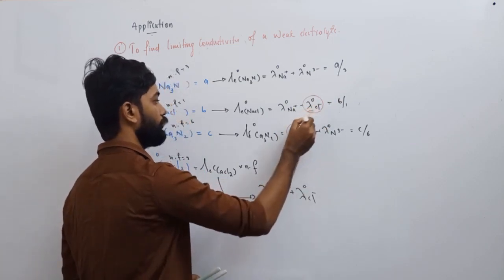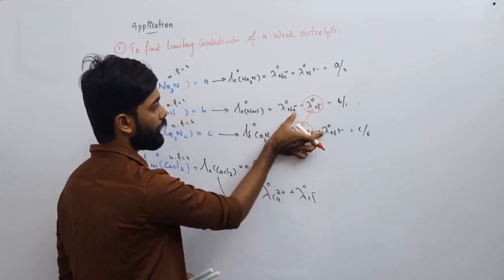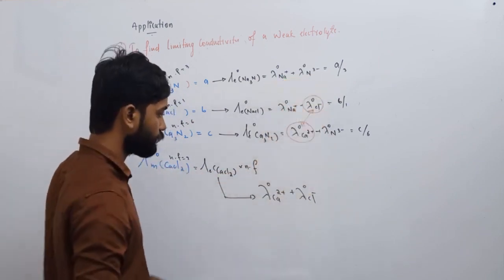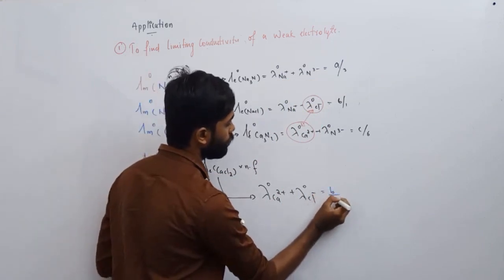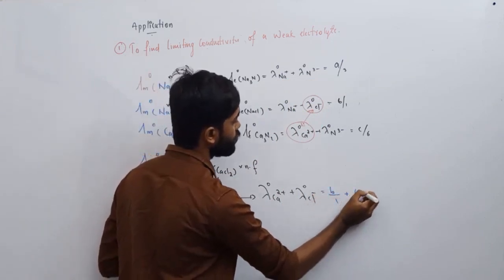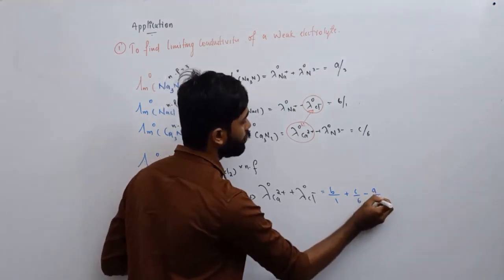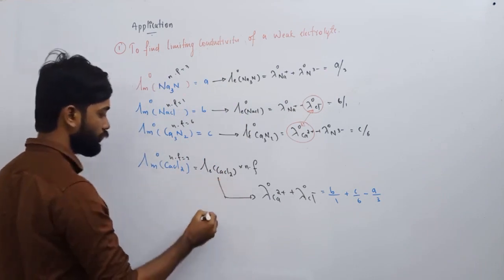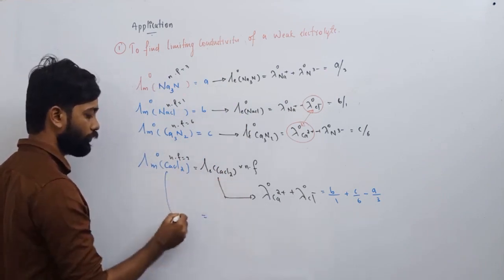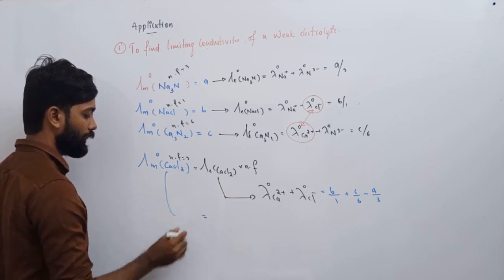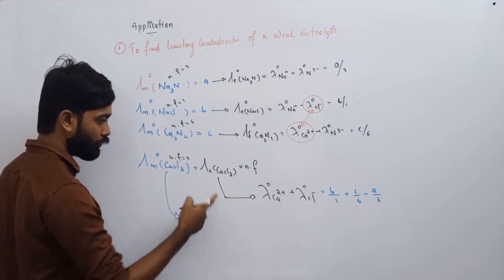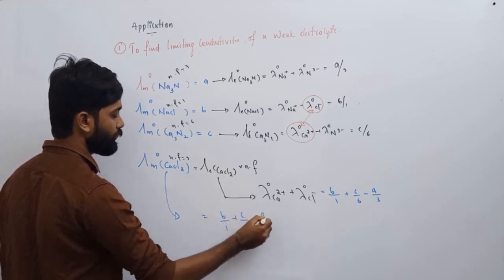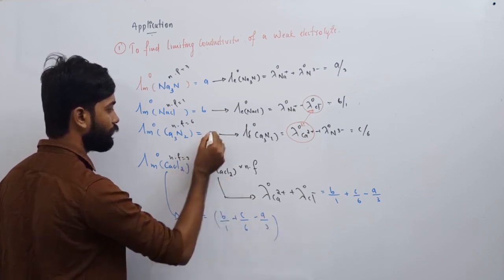So add this one, and the excess Na3N can be replaced by this one. Fine? So B by 1 plus C by 6. From that, A by 3 can be subtracted. So you obtain lambda 0 of CaCl2. But actually we need lambda M0 of CaCl2, which is equal to lambda 0 of CaCl2, B by 1 plus C by 6 minus A by 3, all multiplied with the n factor.